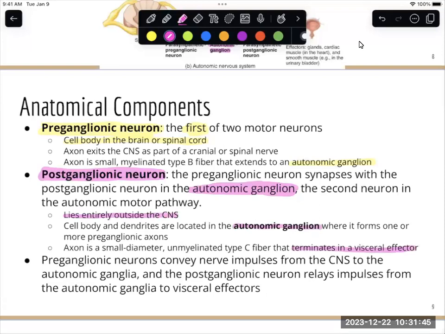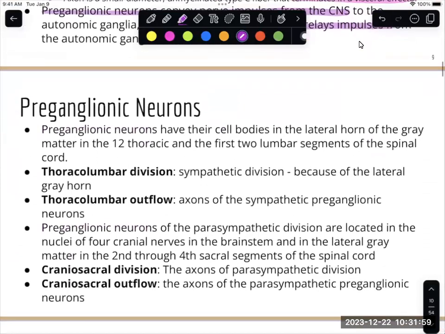So these preganglionic neurons have that information from the central nervous system. Those postganglionic neurons are going to send that information to those visceral receptors. So there's a two neuron series in the autonomic nervous system, and that's what makes this different than the somatic nervous system.